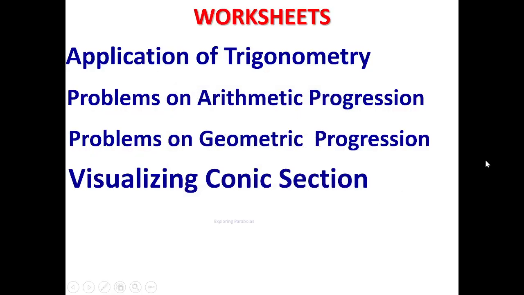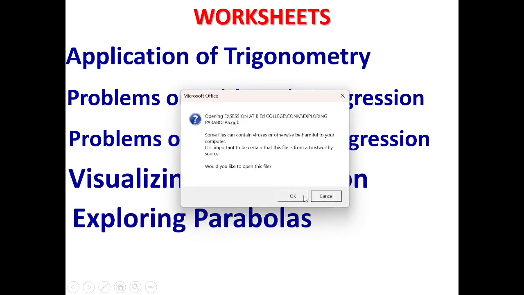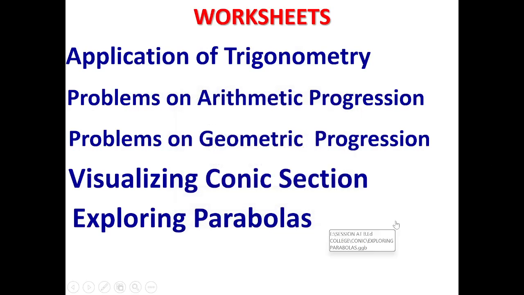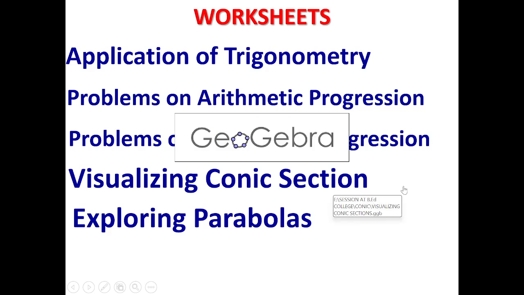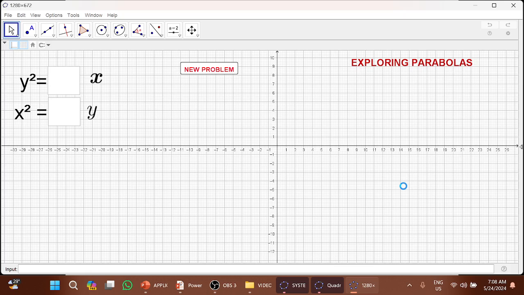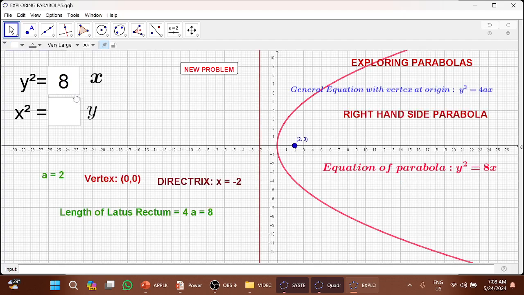Now in the conic section part, you can make them explore parabolas by simply entering the values of that A. For example, they have a lot of confusion to analyze which will be the right hand side parabola, which will be the left hand side parabola. Suppose if I take 8, for example, they can see it is a right hand side parabola.